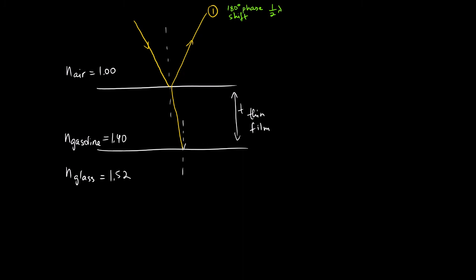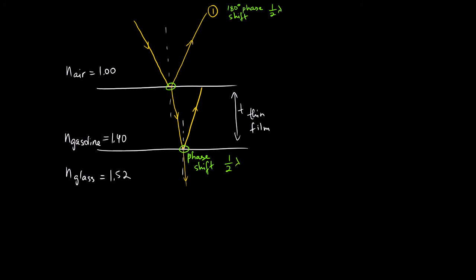So let's go ahead and draw our reflected ray this way, and then some will pass through. I'm going to have a phase change here, phase shift for this one right here, and then phase shift in here, which is again half a lambda, which is half a cycle.